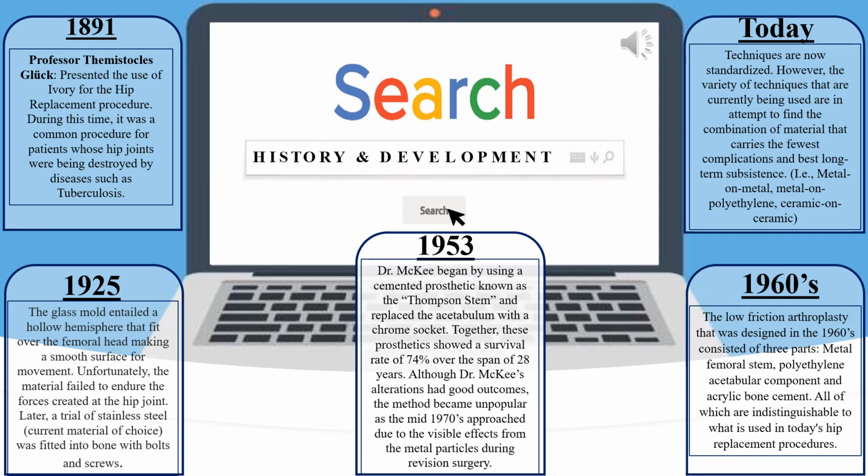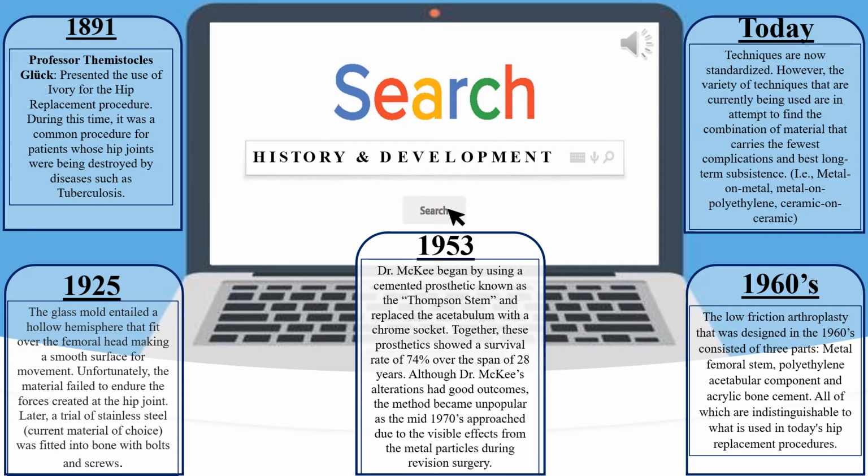Together, these prosthetics showed a survival rate of 74% over the span of 28 years, which I feel like back then, for only have gone through a few stages of progress, is pretty good survival rate.